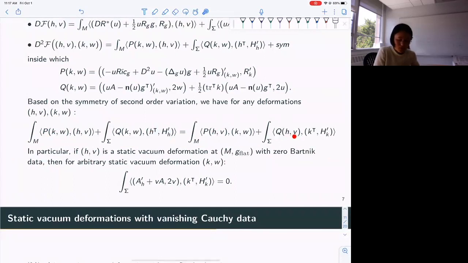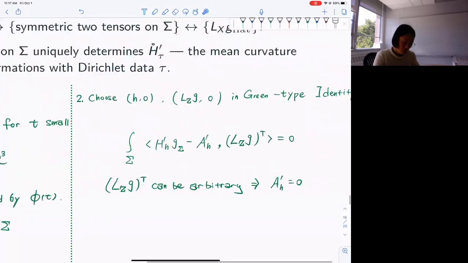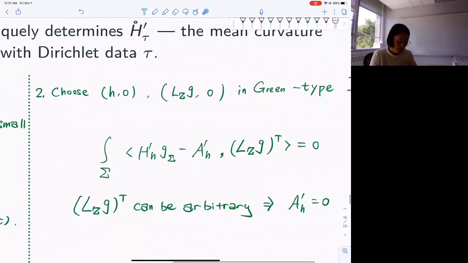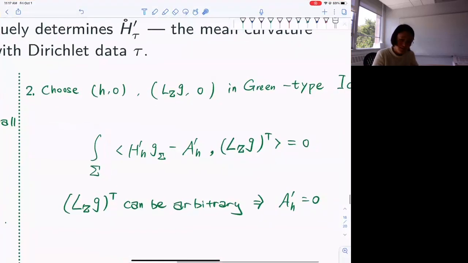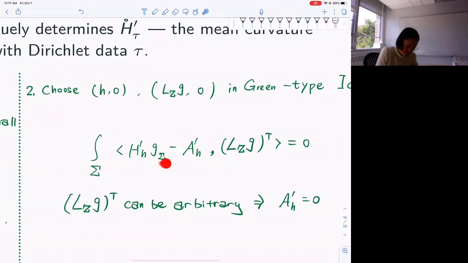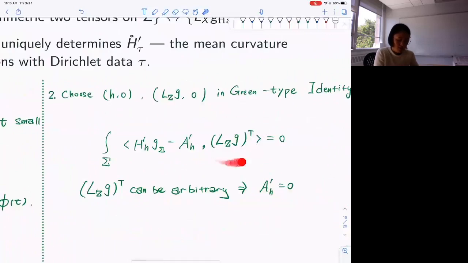We also compute the term here. After simplification, we get an equation which tells us that on the boundary, this boundary term of h is always perpendicular to the Dirichlet data of the diffeomorphism deformation. From the first observation, we know that the Dirichlet data of a diffeomorphism deformation can be prescribed arbitrarily, so this term can be arbitrary.